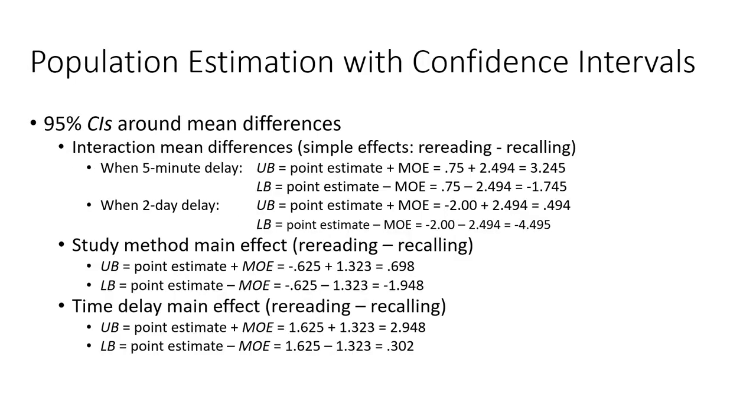The next step is estimating population parameters with confidence intervals. Now, we know we're going to get very large estimates here because our sample sizes are so small. But to just walk us through this interpretation, it's important when you're interpreting these confidence intervals around simple effects that you understand which way the simple effect was generated.